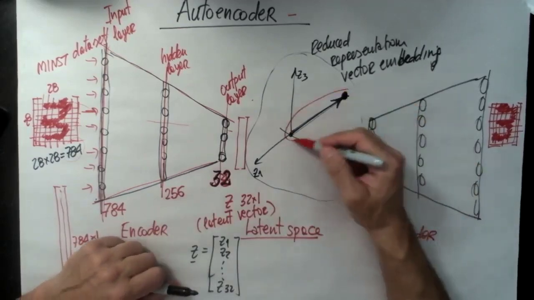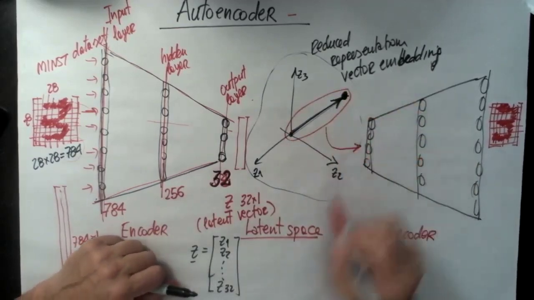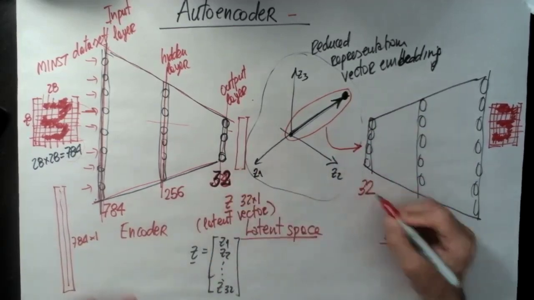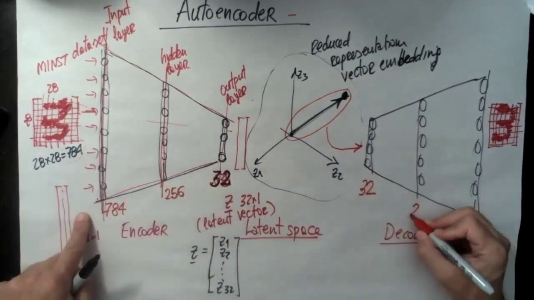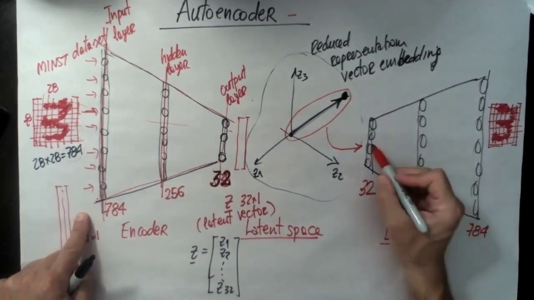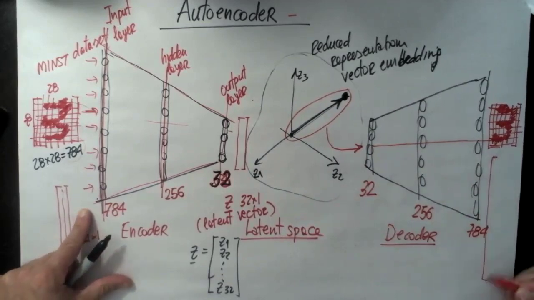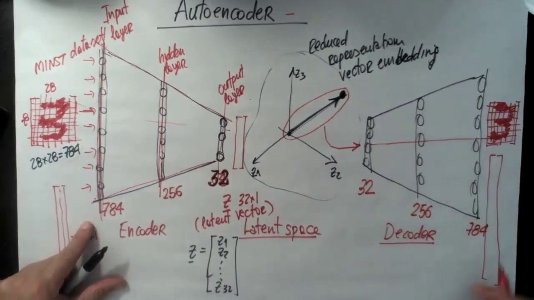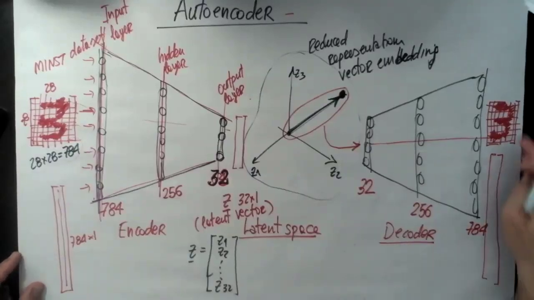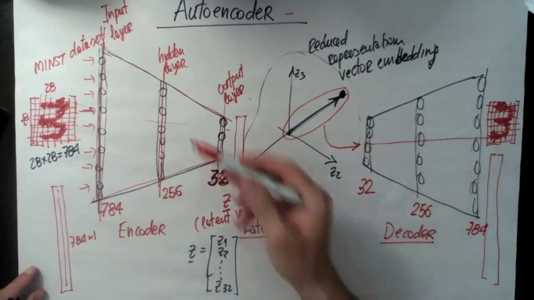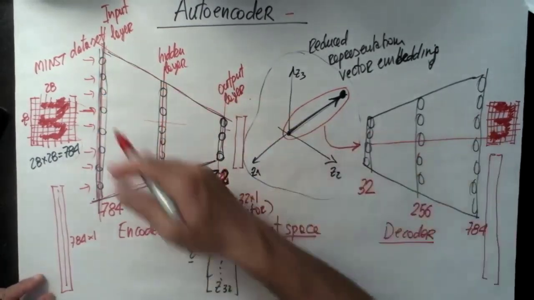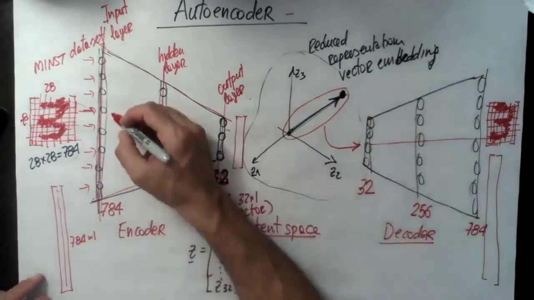And then, given this vector, we pass it into the decoder, which is exactly the reverse of the encoder, and which will return us a vector which has the dimension of the original number of pixels of our image.